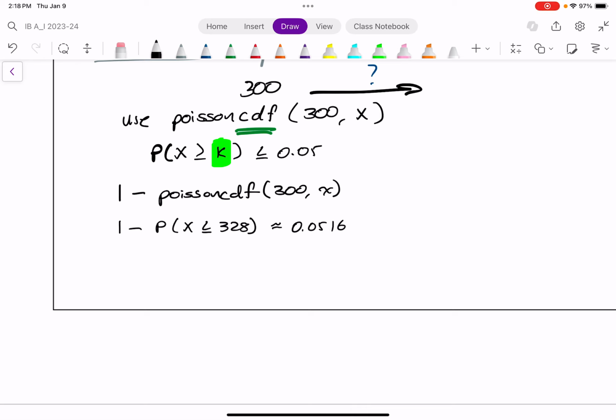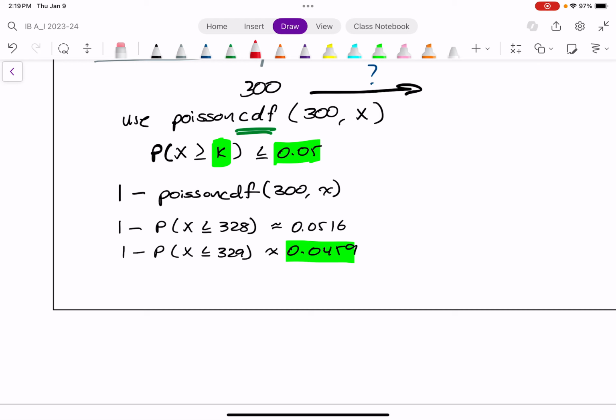If you look at the next row in the table, when x is 329, which means 1 minus the probability of x being less than or equal to 329, that is approximately 0.0459. We have now reached, for the first time, the region where our probability is less than 5%.